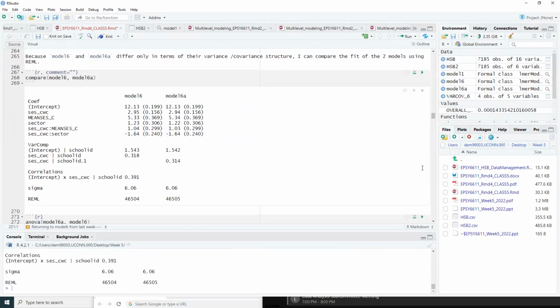I have 1 fewer parameter here, so I would need the AIC to go down by at least 2 points to favor the more parameterized model. And because this is just a 1 parameter change, it only goes down by 1 point instead of 2 points. That means the AIC would also favor the simpler model, which is model 6A in this case.